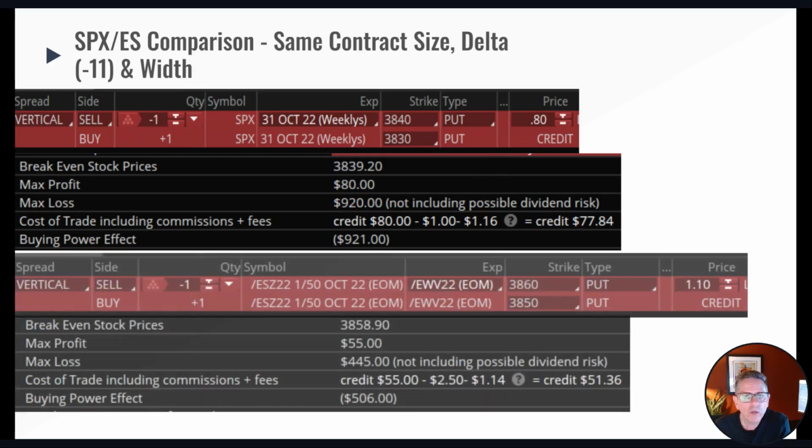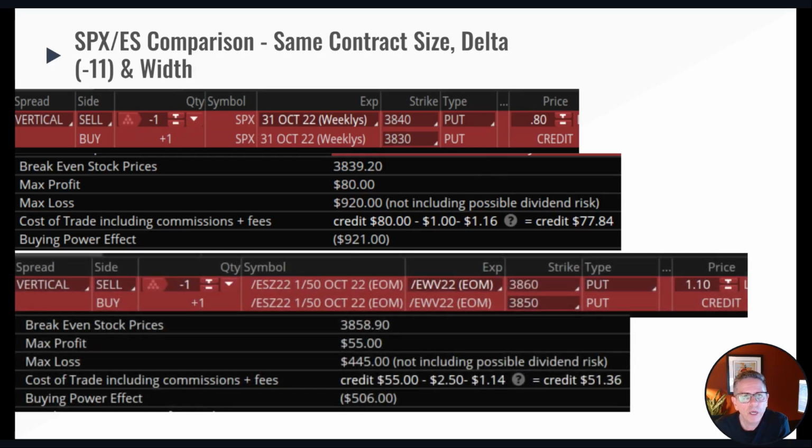All right, so here we're using 38.40, 38.30 for 80 cents. Okay, one contract. So you can see here that the margin requirement is 921, and here it's 506. Okay, so remember the 110, you have to divide that by 2, so you're actually getting a 55-cent credit on this instead of 80, right?